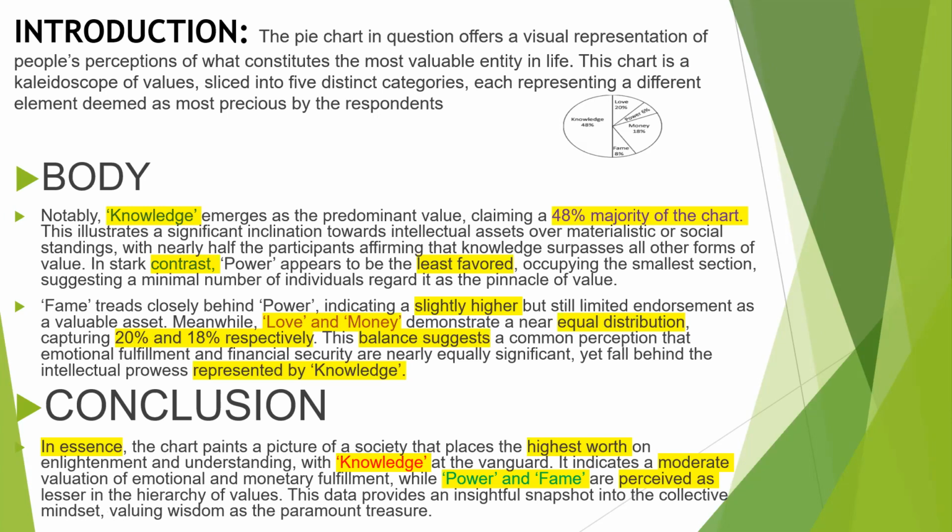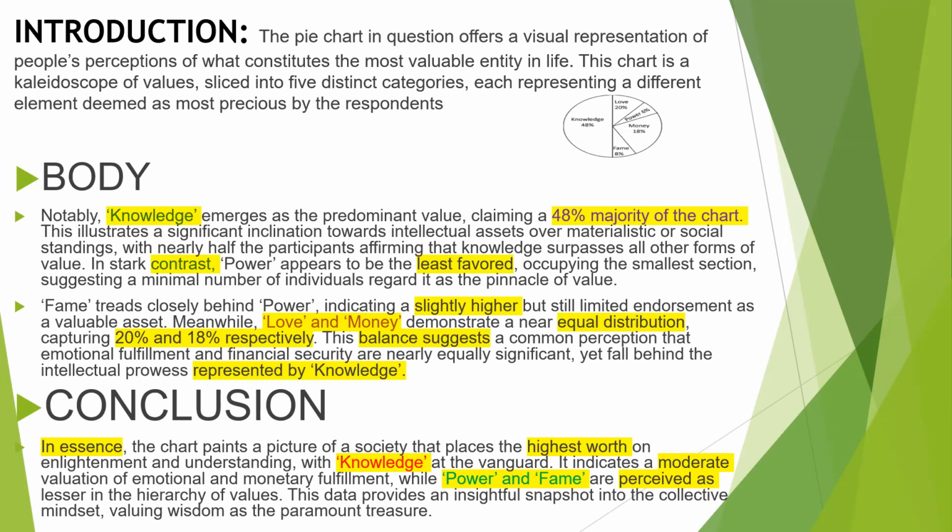So in essence, that is in short, the chart paints a picture of a society that places the highest worth on enlightenment and understanding. That is the opinion given, observation. With knowledge at the vanguard, it indicates a moderate valuation of emotional and monetary fulfillment. Emotional belongs to love, monetary belongs to money.